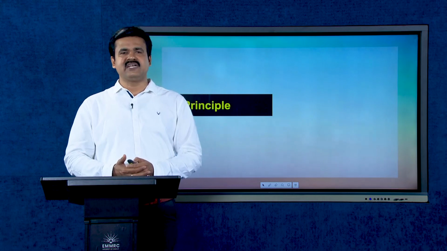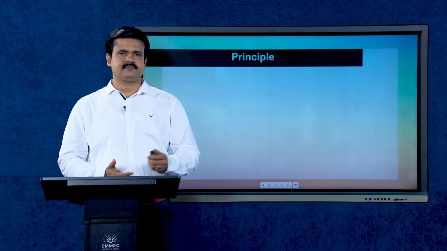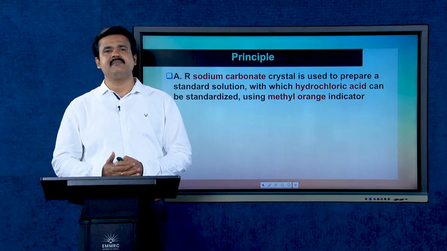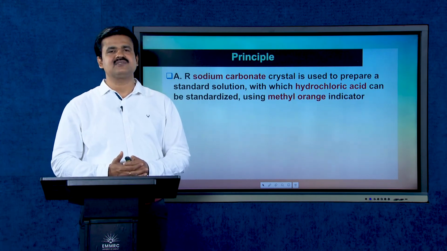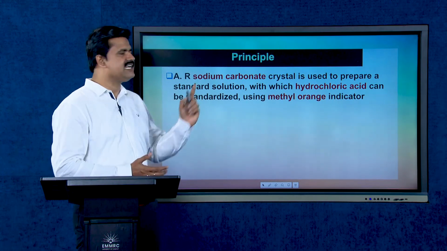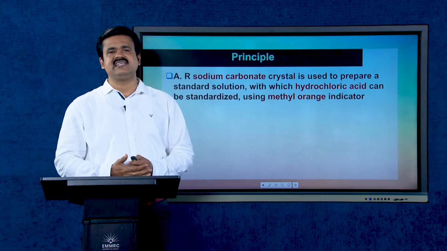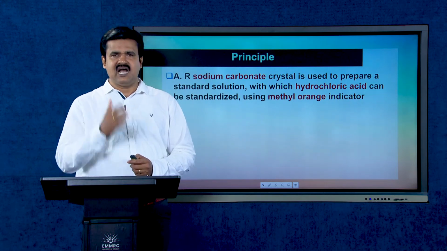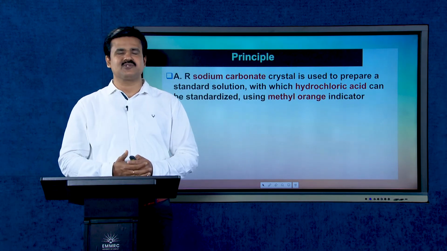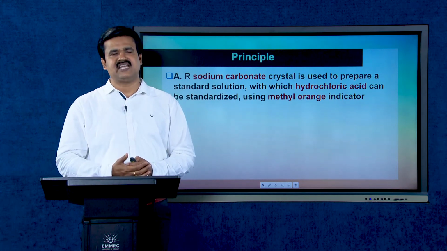Now, the principle behind this experiment. Annular sodium carbonate crystals, Na2CO3 crystals, can be used to prepare a standard solution. This is possible because sodium carbonate is a primary standard, and by using that standard solution of sodium carbonate, hydrochloric acid can be standardized.